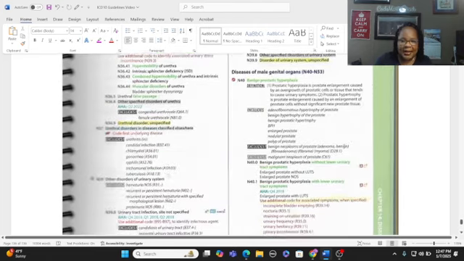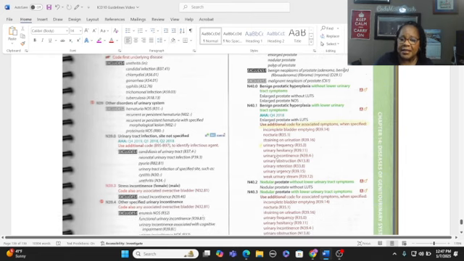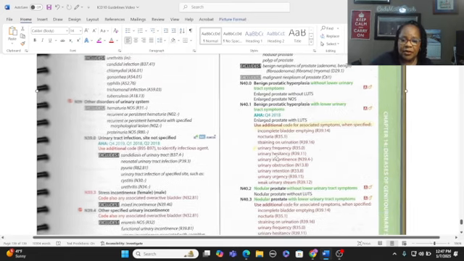So I took a scan. If we look at N40.1, benign prostatic hyperplasia with lower urinary tract symptoms, there is a note here that says, use additional code for associated symptoms when specified.